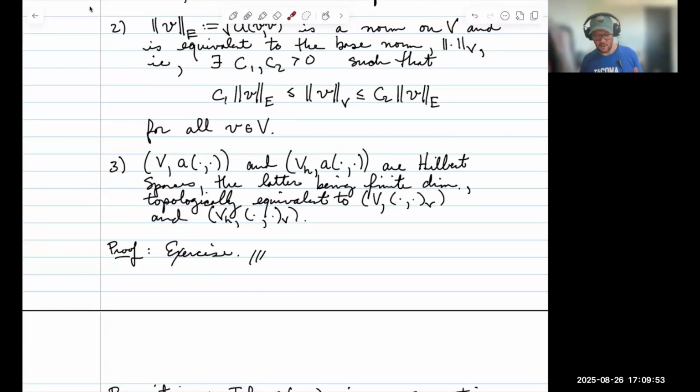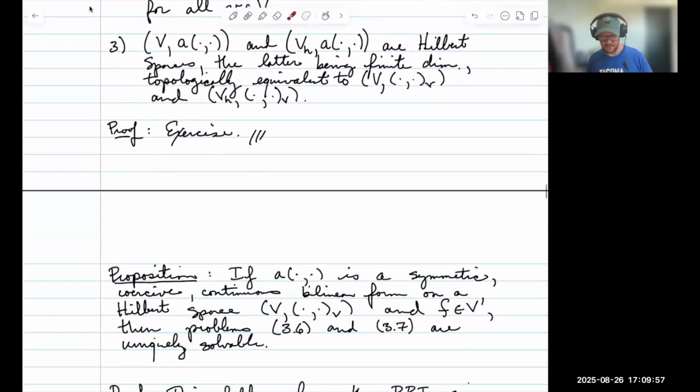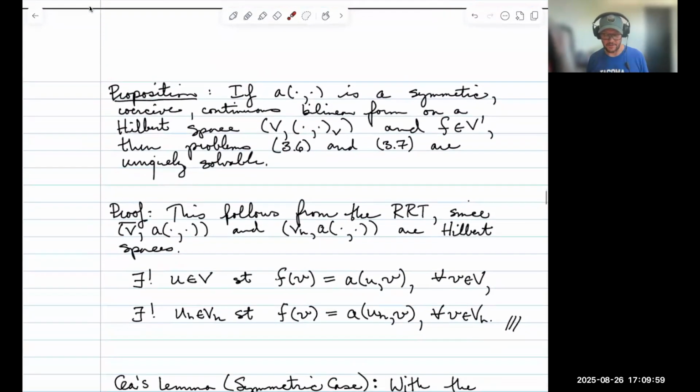I have some homework problems that address this, and you'll see these questions are not that difficult to answer. So now I know that A, the symmetric coercive continuous bilinear form, is precisely an inner product, and it gives me an equivalent inner product to the one that I started with.